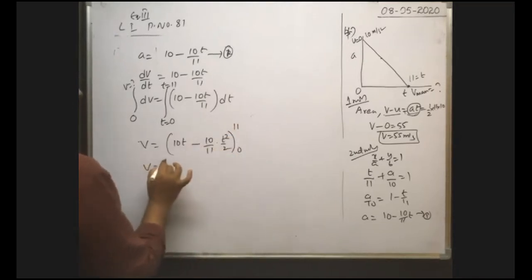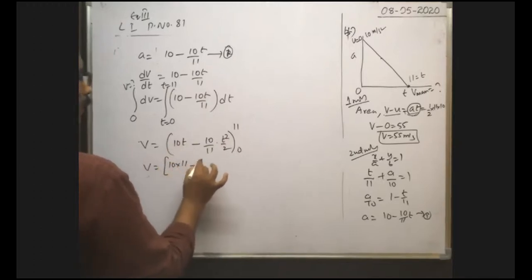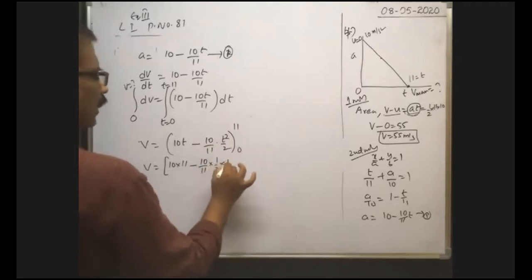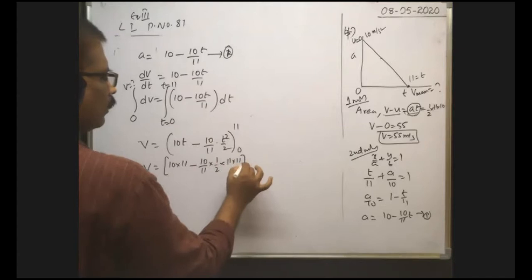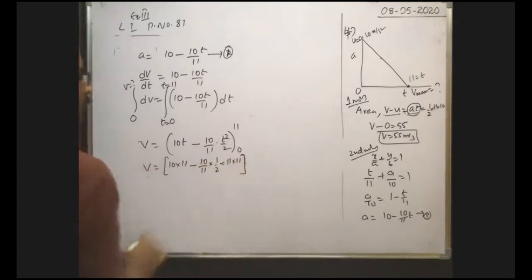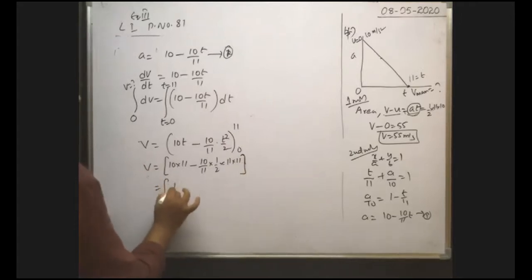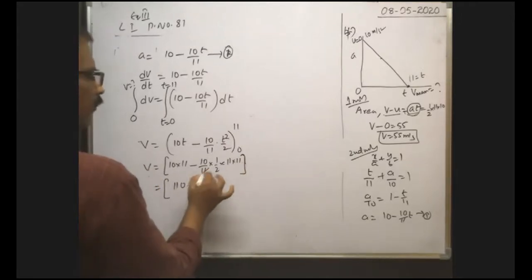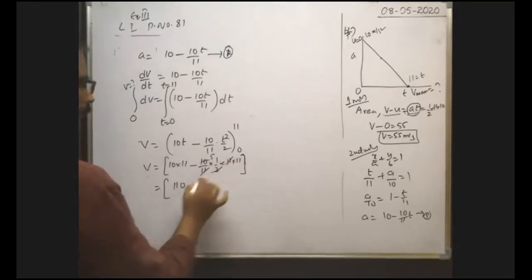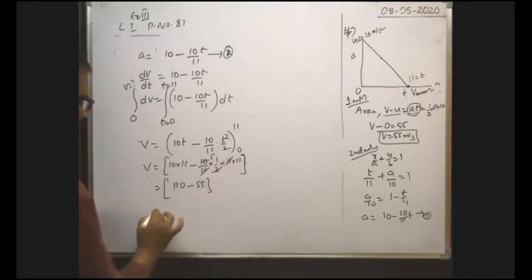So v is equal to, when you substitute the upper limit first, 10 into 11 minus 10 by 11 into 1 by 2 into t square, which is 11 into 11. When you substitute the lower limits, you will get 0 only. That's why you will get this only. This is equal to 110, here 11, 11 cancel, 2 5s are 10, 110 minus 55. So 110 minus 55 means v is equal to 55 meter per second only, no?